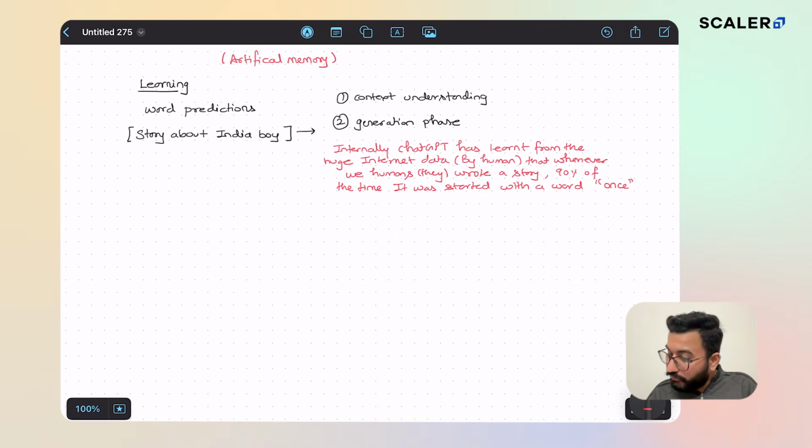And that is how the first word "once" will be generated.